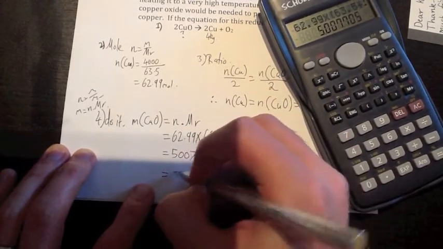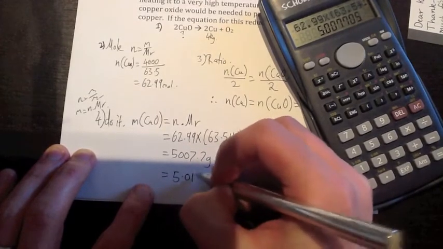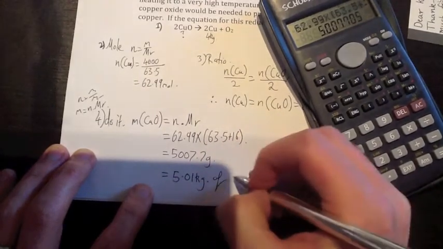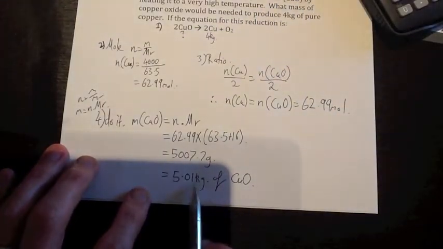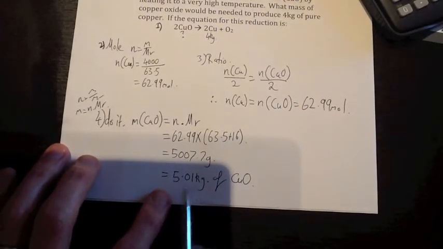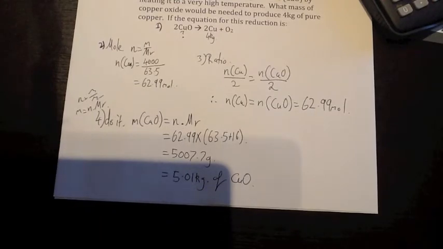This is equal to 5.01 kilograms of copper oxide. I changed it to kilograms just because it's a nicer, smaller number, so that's why I do that.